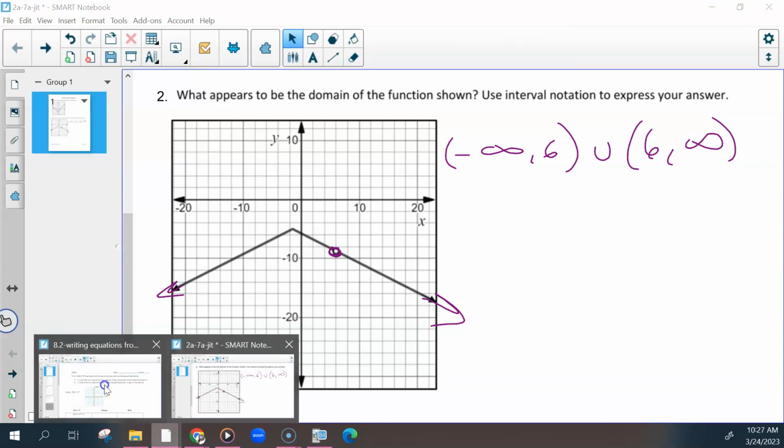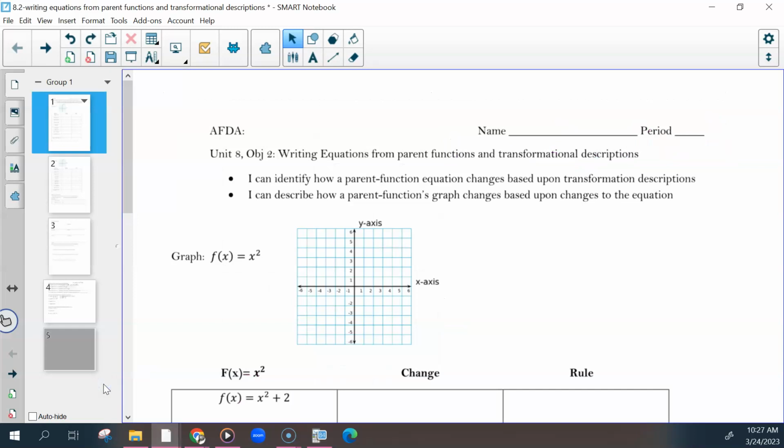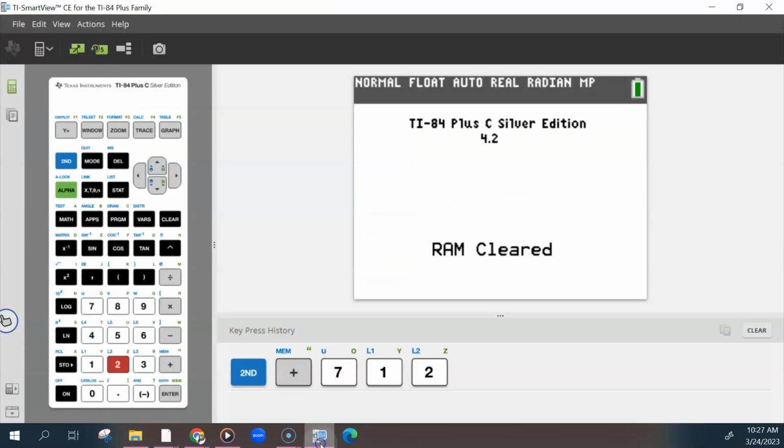So today's lesson is going to be about parent functions, and I'm going to explain what that means, and different transformations and how we describe them and things like that. So first, before we do anything, reset your calculator, 2nd plus 7, 1, 2.